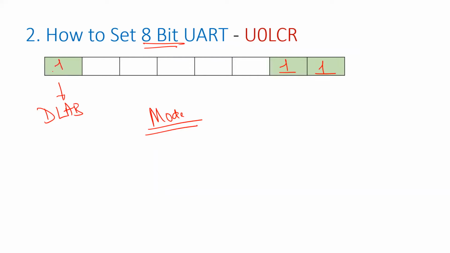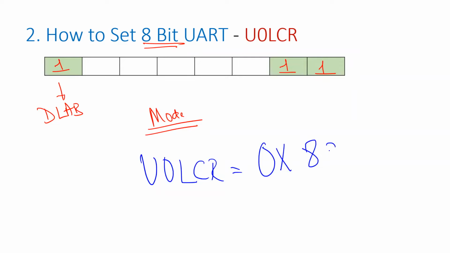So I have to write a value of 1 here in order to access the divisor latch registers. Why do we have to access the divisor latch registers? In order to set the baud. So the very first thing that I would be doing is U0LCR equal to hexadecimal 81. So this is what we do for setting 8-bit mode for UART 0 of LPC2148.